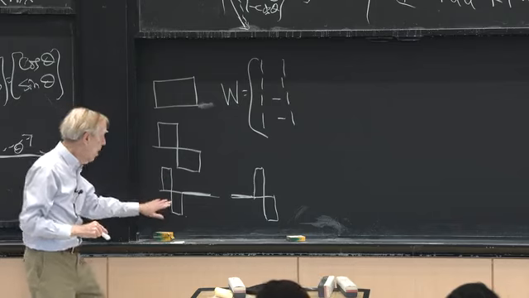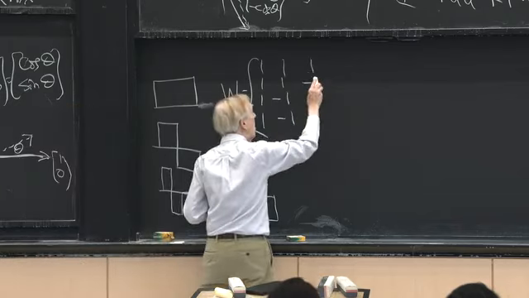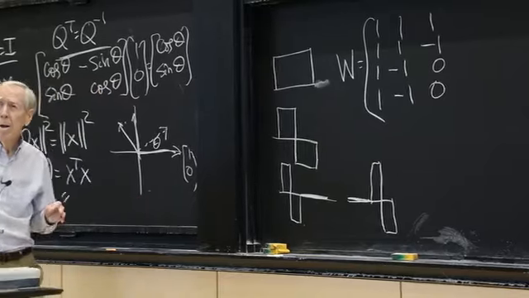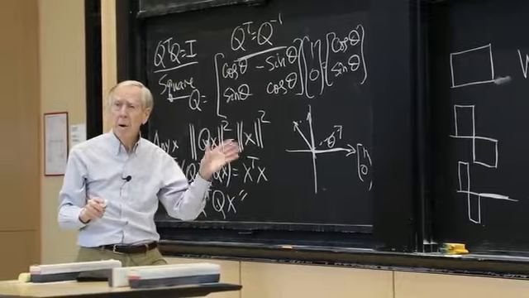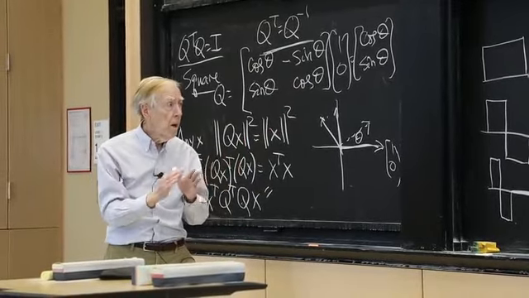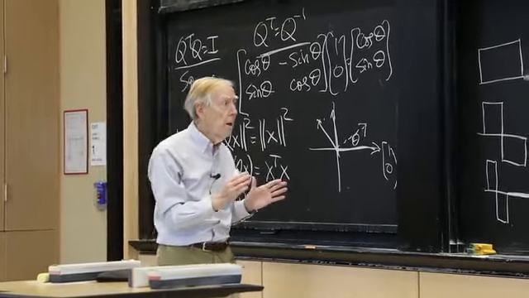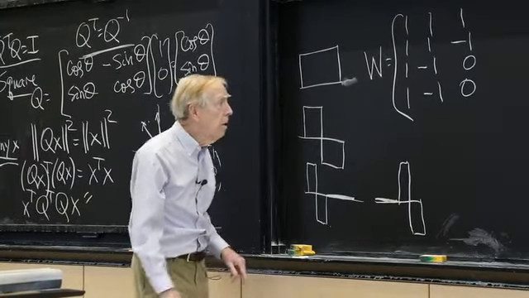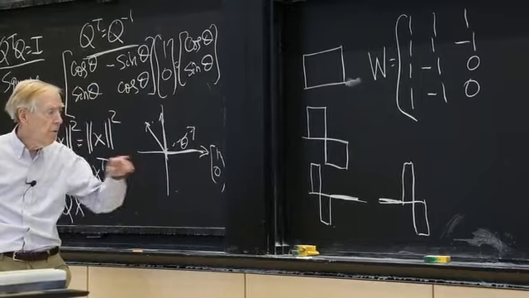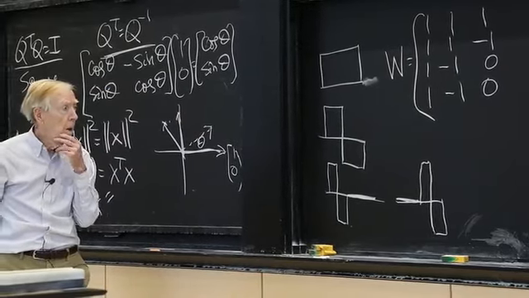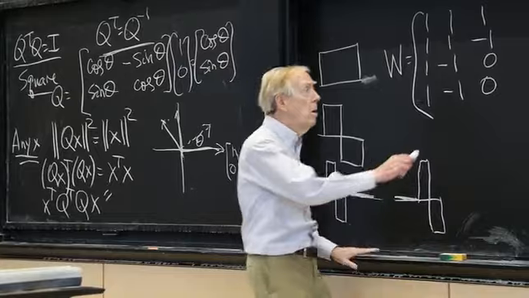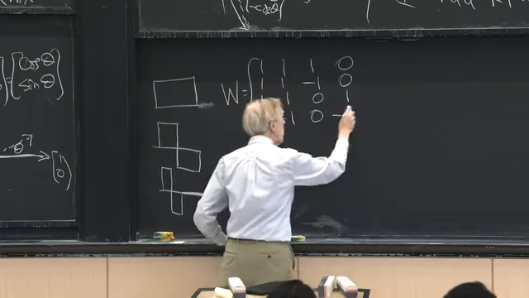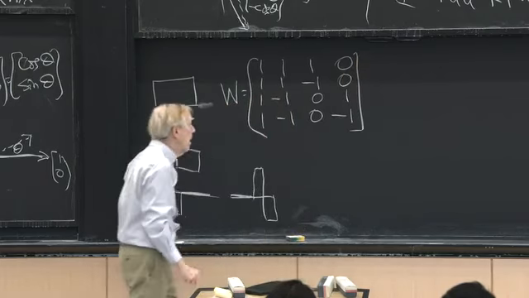This guy is 1, minus 1, 0, 0. So the wavelets rescale. That's the difference between Hadamard and wavelets. Wavelets are self-scaling. And what's the 4th column from that 4th wavelet? 0, 0, 1, minus 1. Yeah.